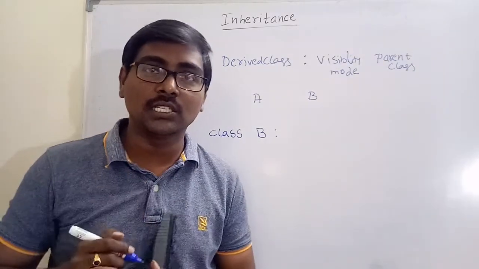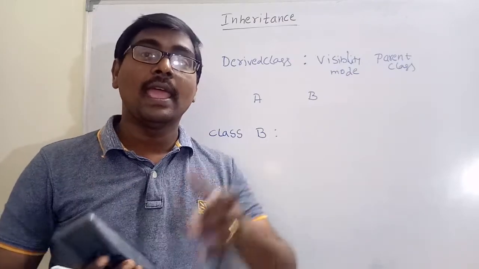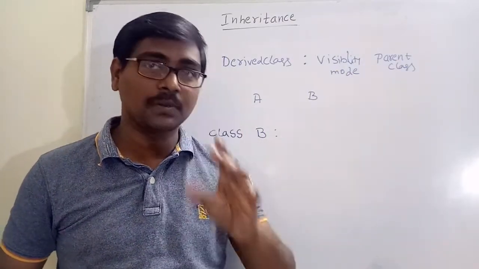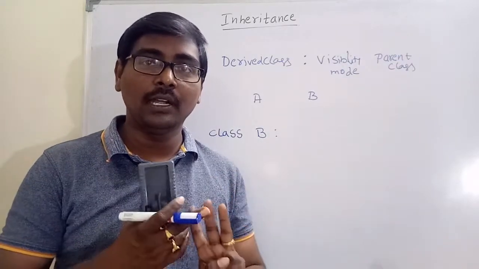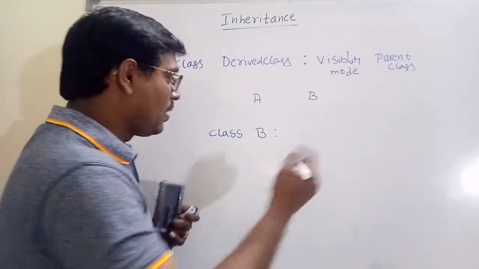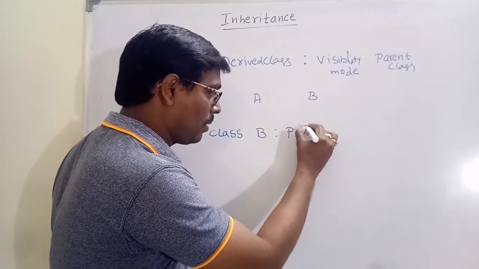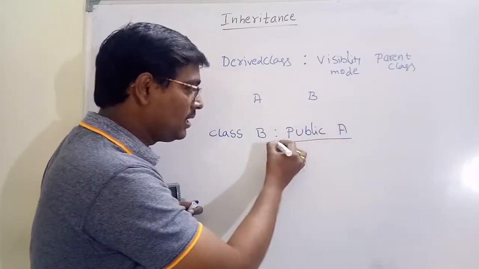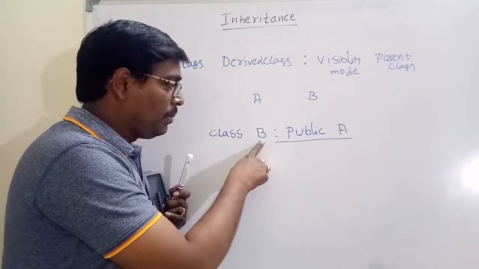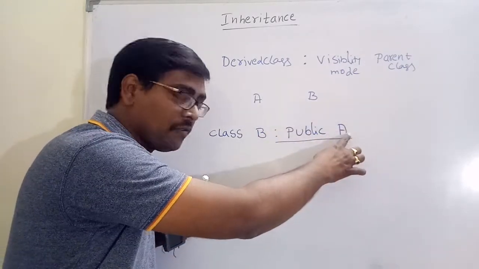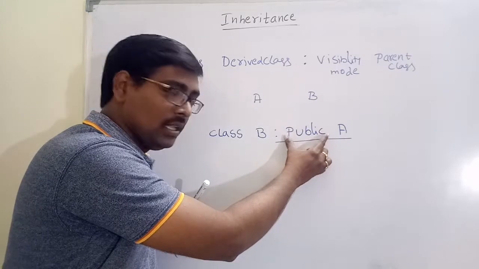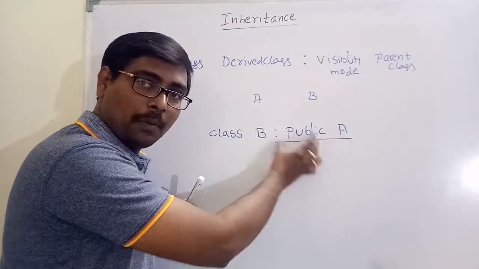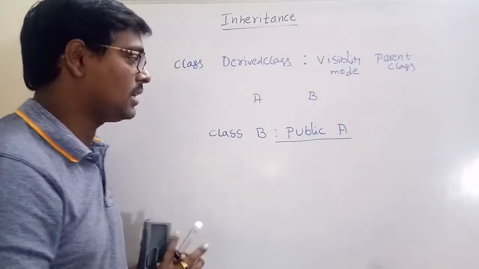We already discussed visibility modes, or access specifiers, both are the same. We have three: private, protected and public. For example, assume public A. By writing this statement, B is the child class of A, and B derives the members of A publicly. This is the syntax.